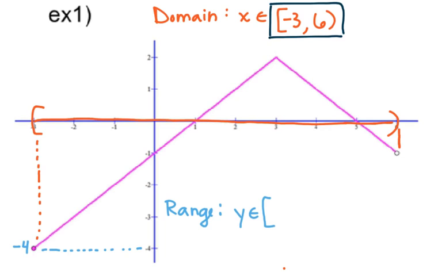What is my greatest y value? My greatest y value is up here at +2. So we are going from least -4 to greatest +2. My y values are always going to be somewhere in this range.